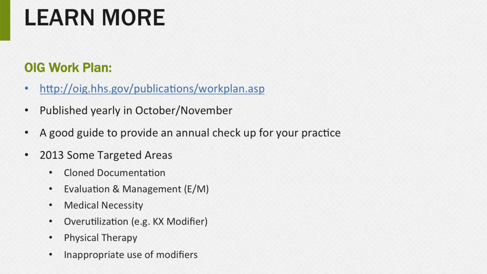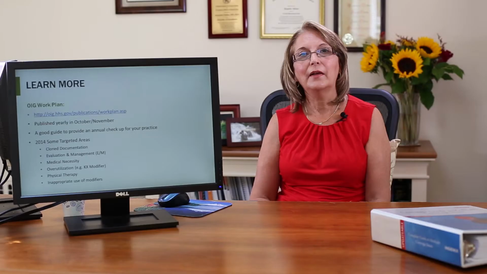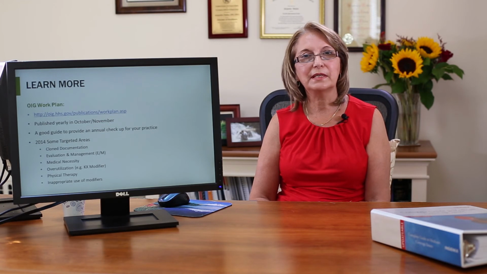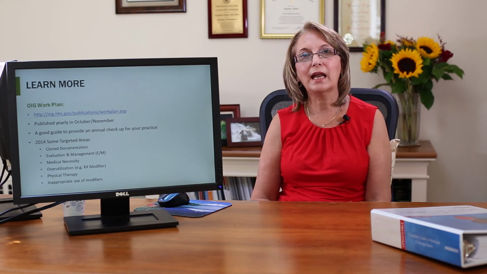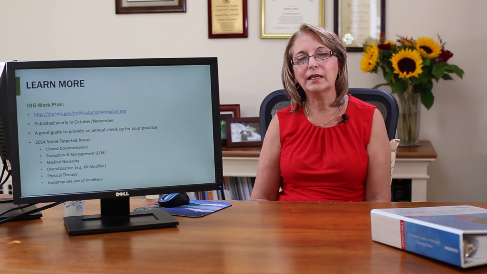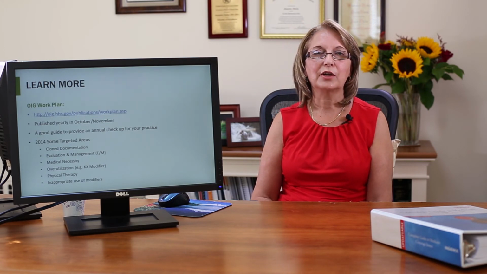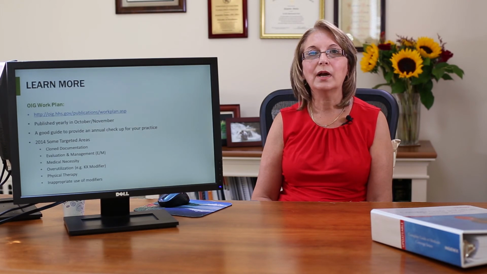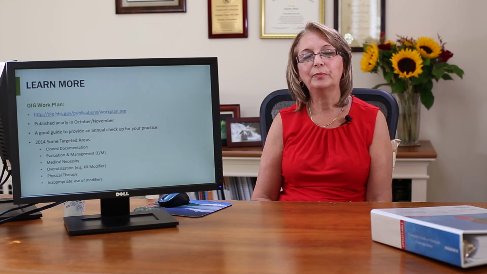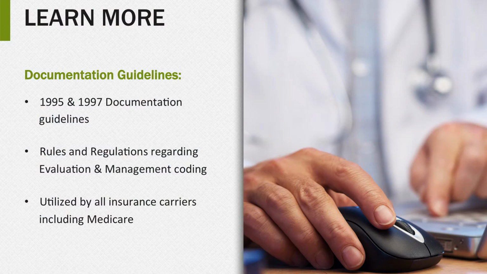The next few slides give you some websites where you can go to learn more about it. This one references the Office of Inspector General's website where you can actually download their work plan. It usually comes out the end of October, beginning of November, and it's a great source document. It alerts you to what the Office of Inspector General will be looking at in the upcoming year.